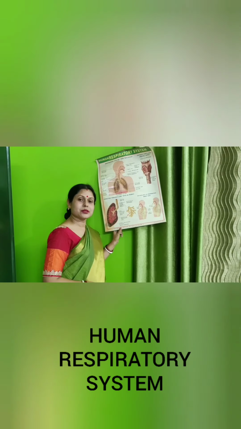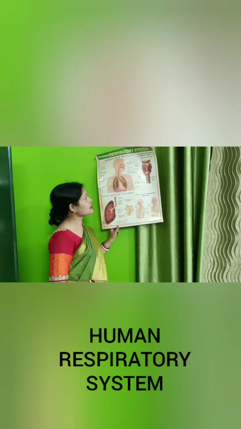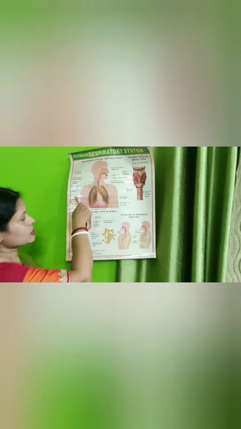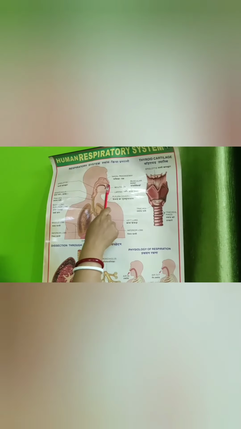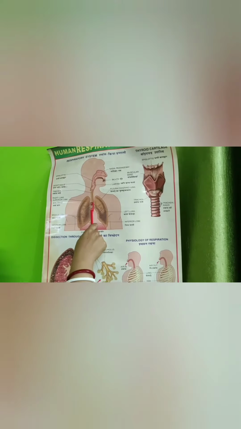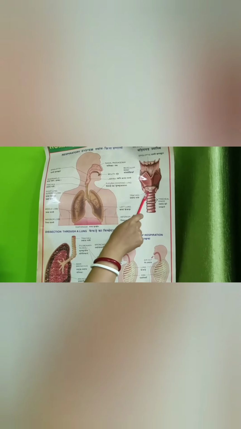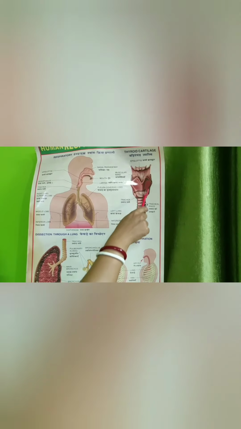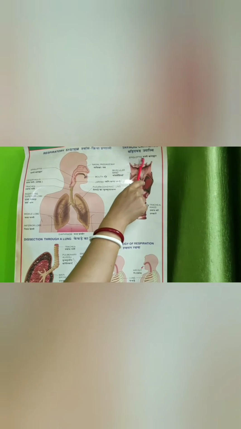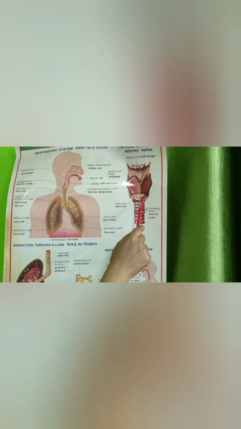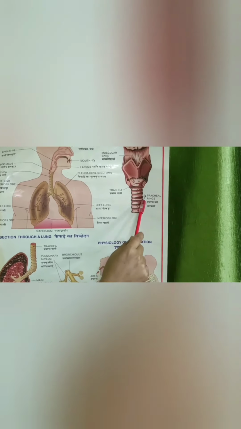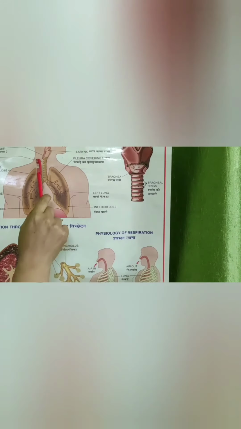The life process of respiration will end with the study of the human respiratory system. The human respiratory system starts with the nostrils, which lead into the trachea and then into the two lungs. In the trachea there is a place called the larynx, which is guarded by the epiglottis, a flap-like structure, and some clamp-like structures in the trachea.